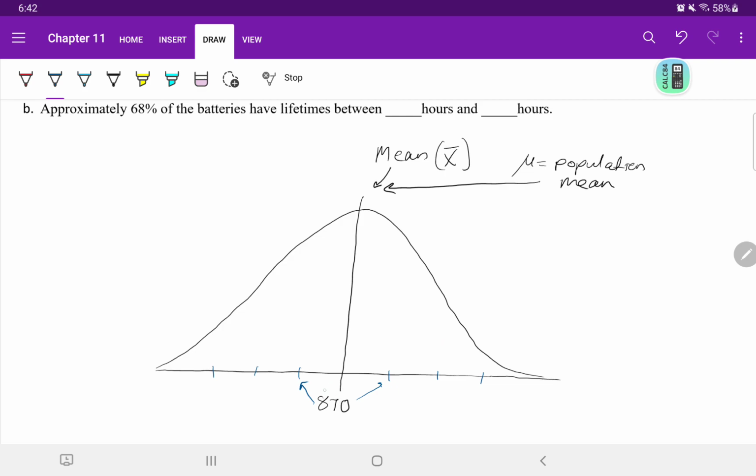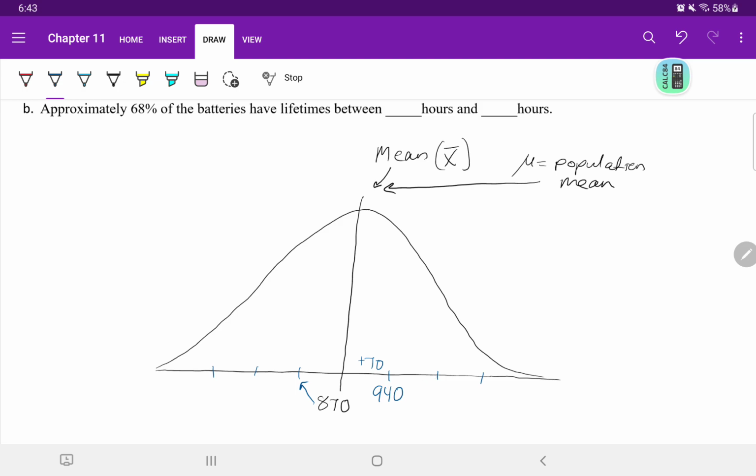So if my mean is 870 and each standard deviation is worth 70 hours, I'm going to add 70 to 870 to get to one standard deviation above the mean. 870 plus 70 is 940. And then you repeat the same process.